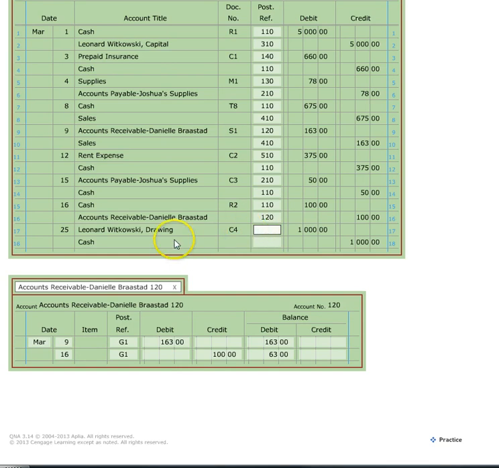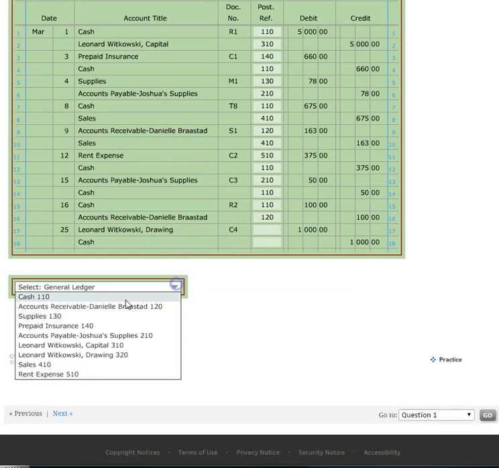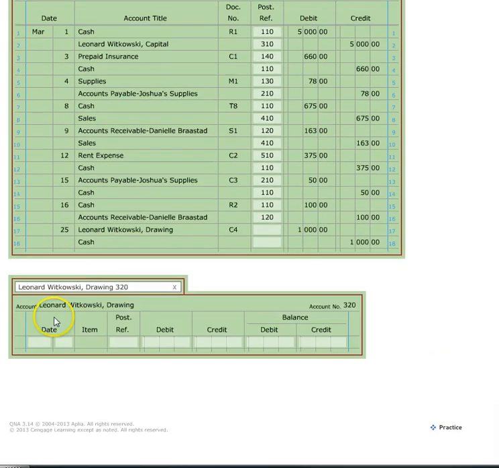Okay, the last one, Leonard Witkowski drawing, March 25th, General Journal 1. It is a debit of 1,000, debit balance of 1,000, posted that to 320.